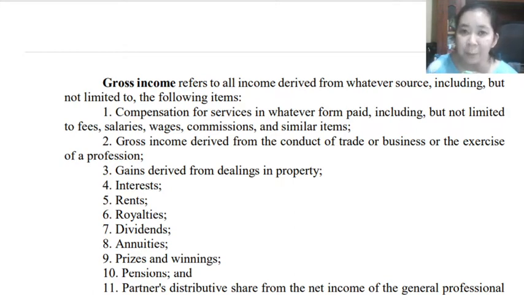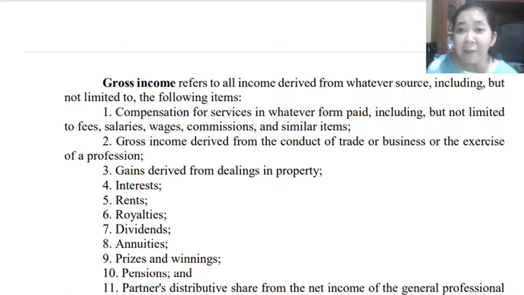Meaning, in number 2, this is an income that you derive in doing your business, selling your products or services to your customers. Third is income coming from the gains derived from dealings in property, meaning you sold your real estate or your real properties like your land, your building, your house, and the like.